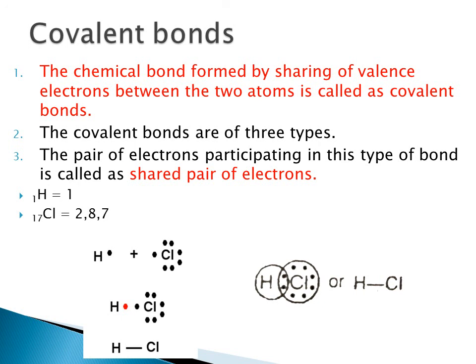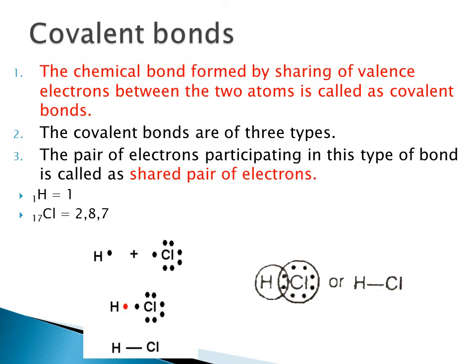Now you can see in the diagram there is only 1 pair of electrons being shared between these 2 atoms. Okay, 1 pair of electrons means each atom has contributed 1 electron, right? So this type of covalent bond in which there is a presence of only 1 shared pair of electrons is called as single covalent bond.